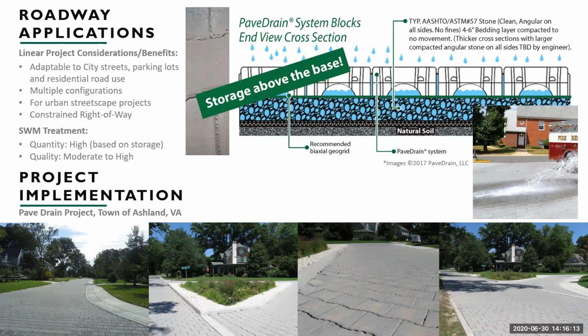This was a local residential street, and this street has a lot of direct runoff from the lawns and other areas around it that would run into the road or run into low areas. There's very little topographic relief, so a lot of times there's standing water.